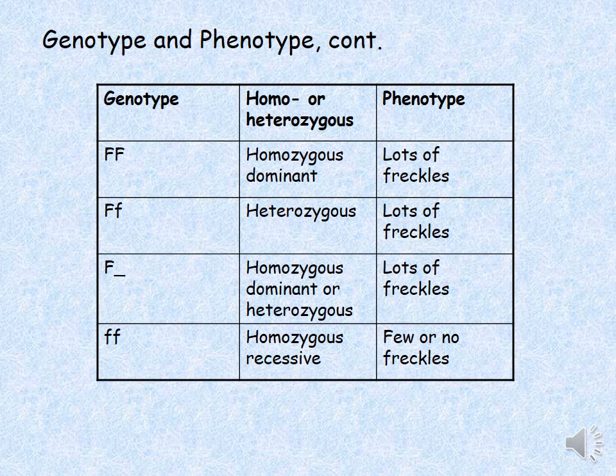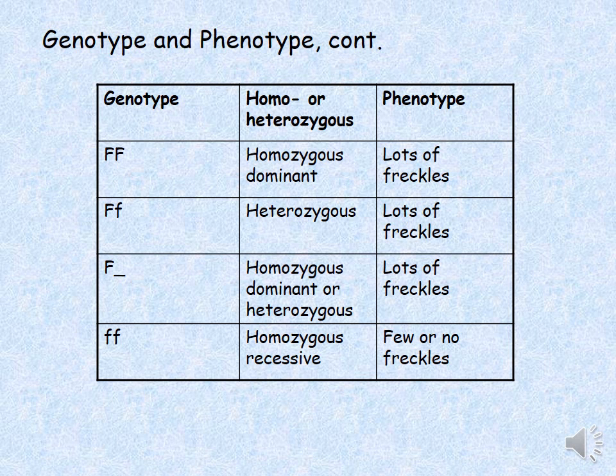Continue on with some more examples of genotype and phenotype. Big F versus small f. Big F will equal lots of freckles. Little f will equal no freckles or very few.